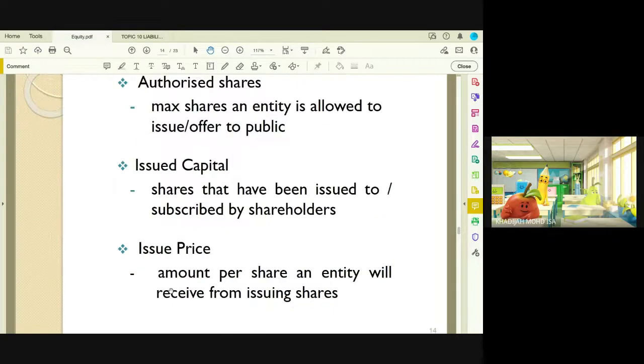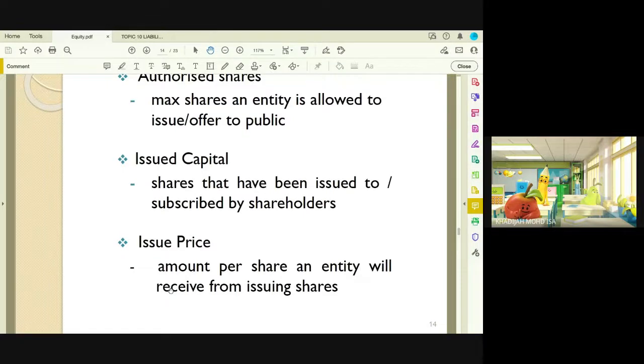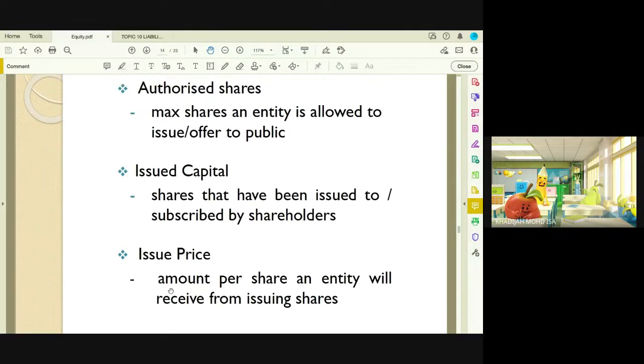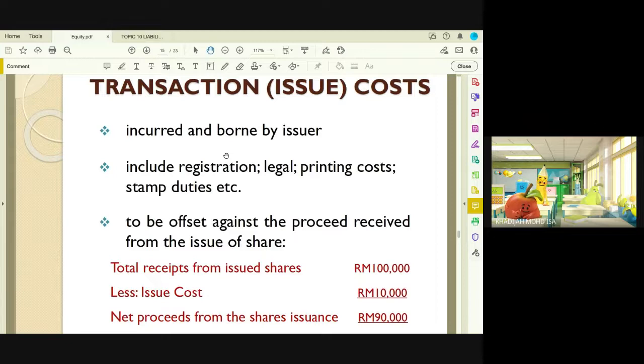The issue price is the amount per share an entity will receive from issuing shares. When you issue shares, there is a price for the shares. Transaction costs incurred and borne by the issuer include registration, legal, printing costs, stamp duties, etc. These are offset against the proceeds received from the issue of shares.